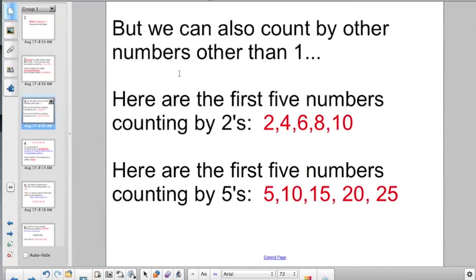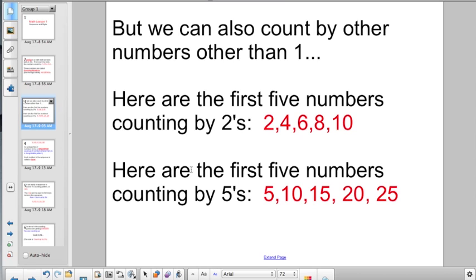That's why they're called the counting numbers. But we can also count by other numbers other than 1. So, for example, here are the first 5 numbers counting by 2's. 2. And then if I added 2 more to that, you'd have 4. And then 6. And if I added another 2, you'd have 8. And 8 plus another 2 would be 10, and so on, right?